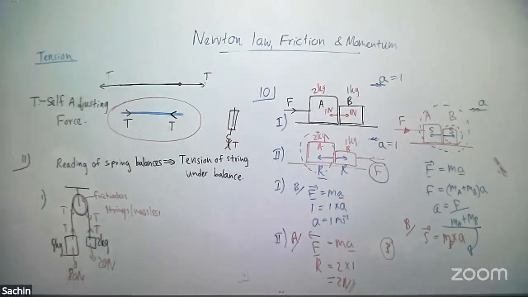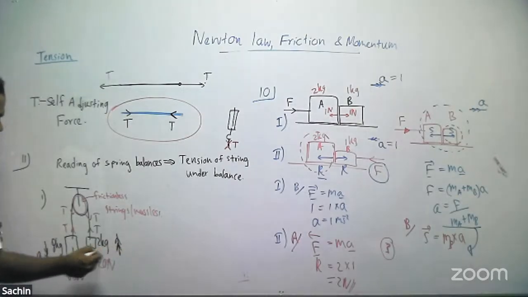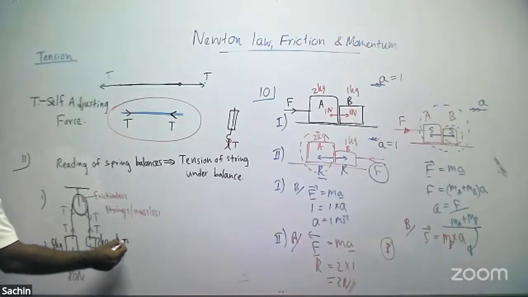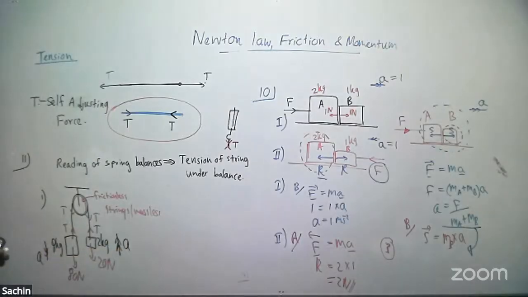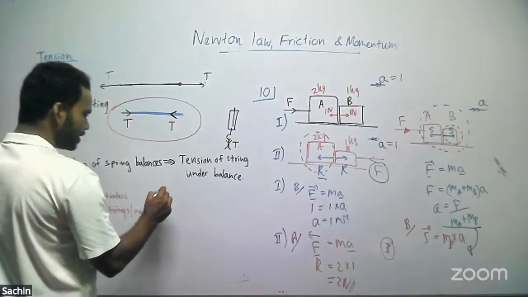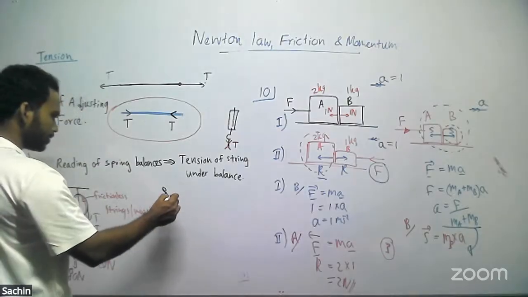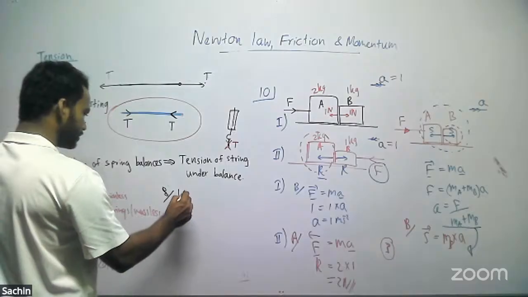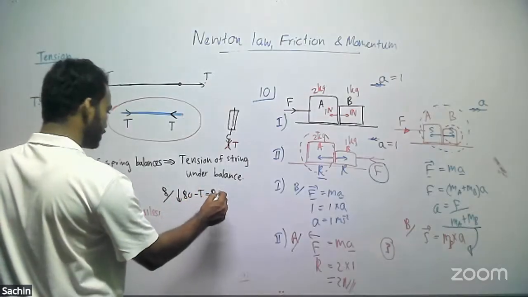With such a system, the weight on this side is larger. Because of that higher weight, this side will accelerate downwards, and at the same time, the other side will accelerate upwards. So how do we determine the accelerations? Just apply F equals ma to the objects. Separately: the 8 kg going downwards, 80 minus T is equal to 8a.